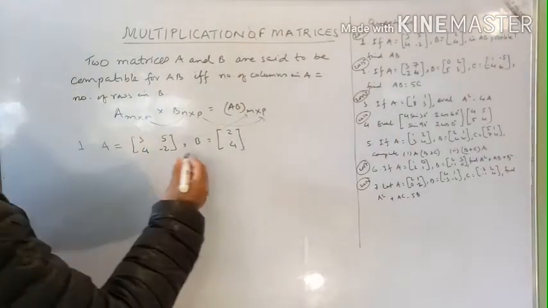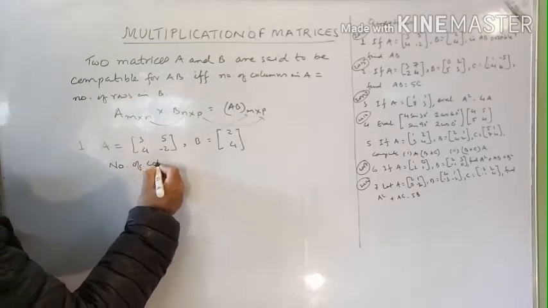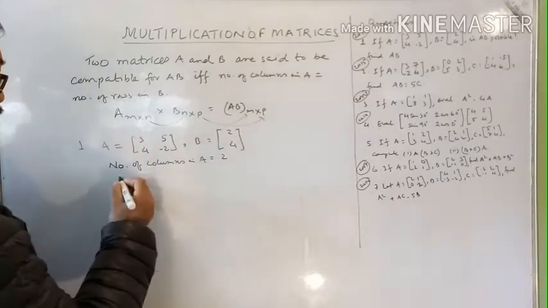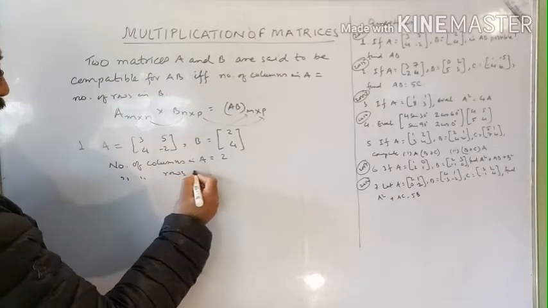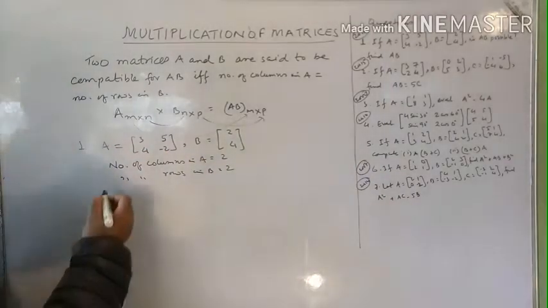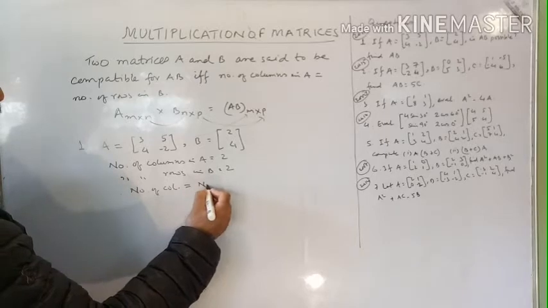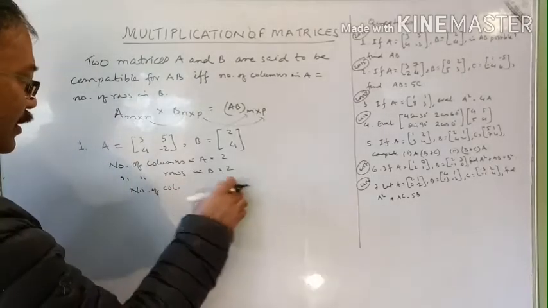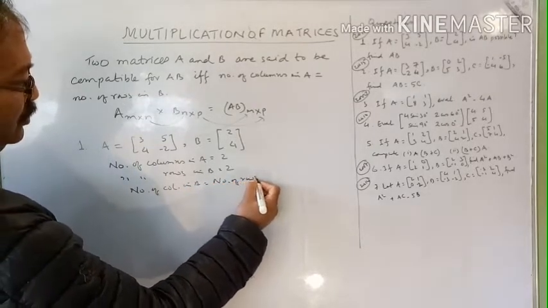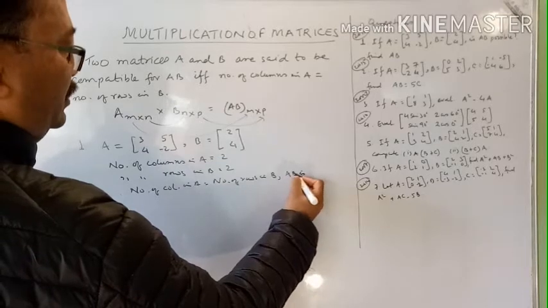Here the number of columns in A is 2, and the number of rows in B is 2. Since the number of columns in A is equal to the number of rows in B, the product AB is possible.